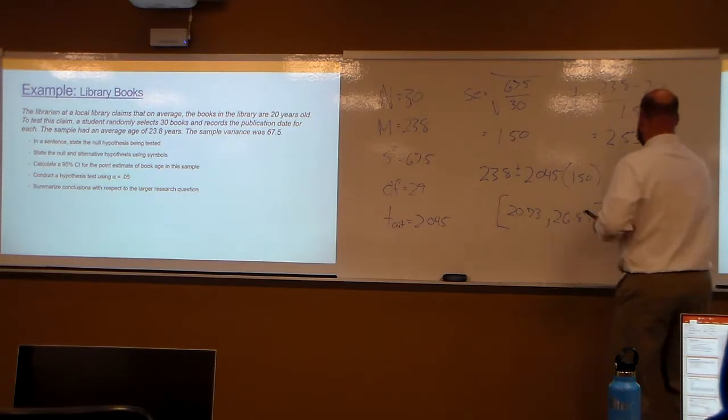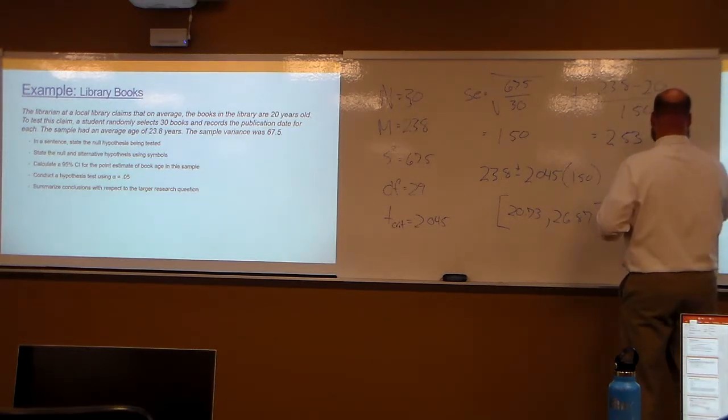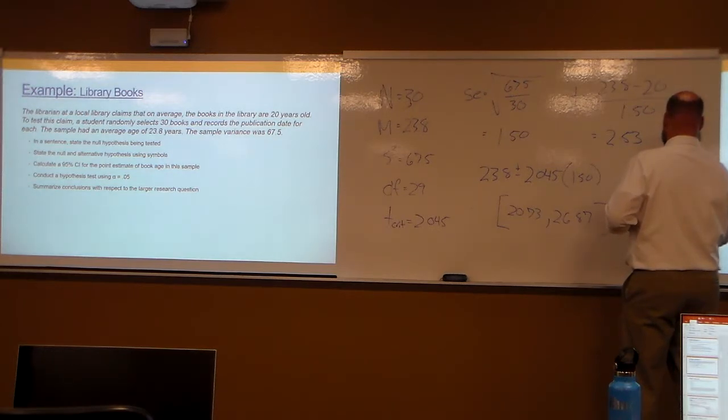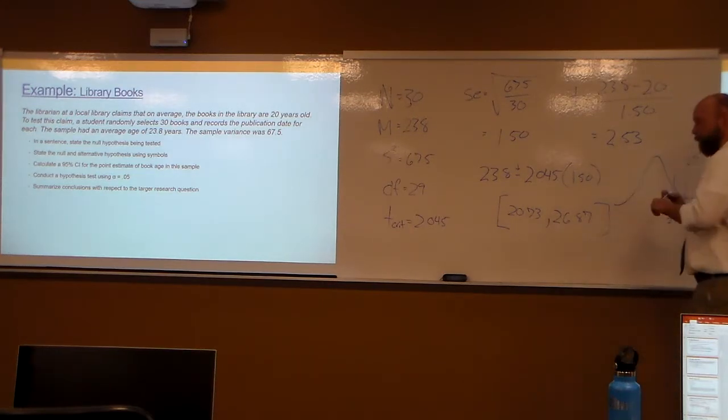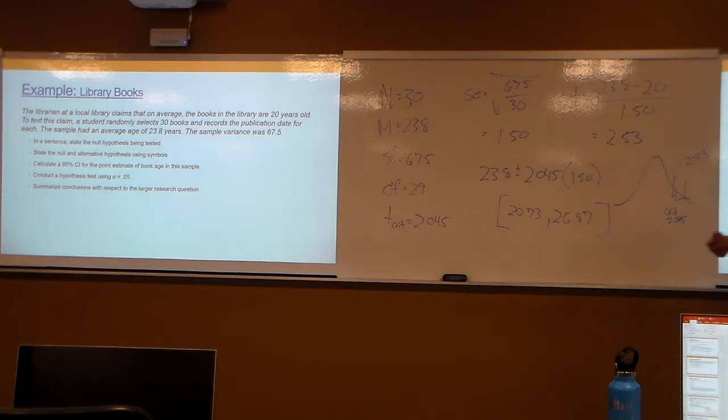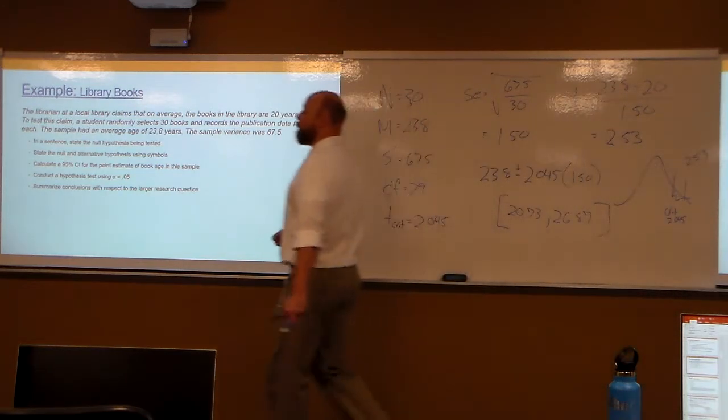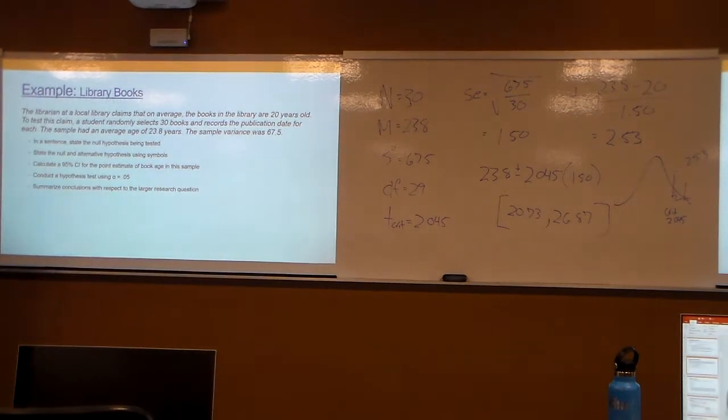Here's my distribution, my critical value is 2.045, and my test value is here at 2.53. That's in the critical region. Based on a classic up or down test, I would reject the null hypothesis at alpha equal 0.05.